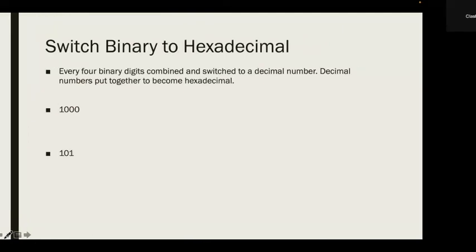Now, let's take a look at the last type of conversion we need to know about for this chapter, and that's how to switch binary numbers into hexadecimal numbers.